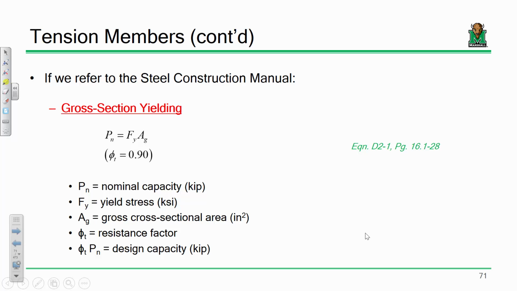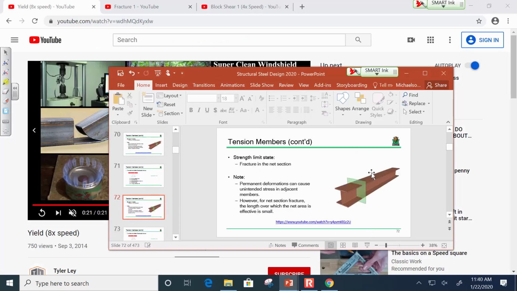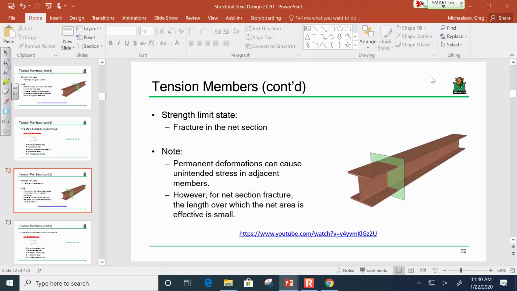So if you're looking at this expression, what's phi Rn for gross section yielding? 0.9 times Fy Ag. Now, that's gross section yielding. What about net section fracture? Well, a couple things are different. First off, we're not talking about the main body of the member. We're talking about the net section.